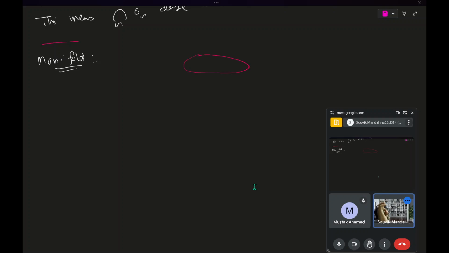An open ball will look like this, right? And this is nothing but the usual open ball, homeomorphic, correct? Suppose you look at a paper weight, or a bottle, everything will satisfy the same property. So that's why the notion of manifold is of fundamental interest in topology, and not only in topology, in geometry also. Okay.